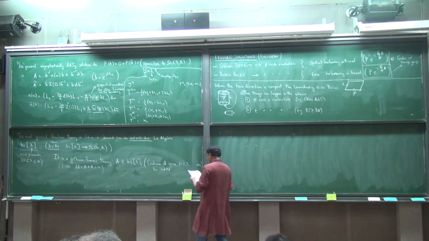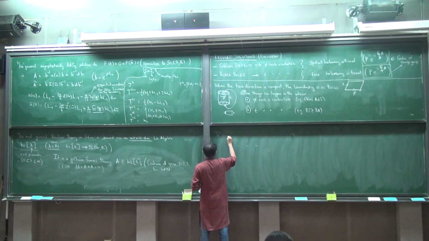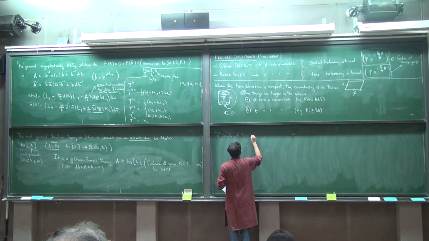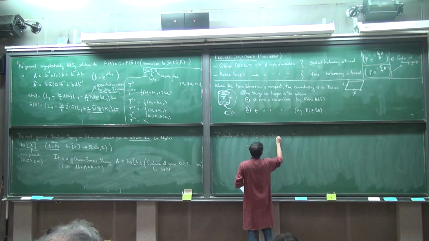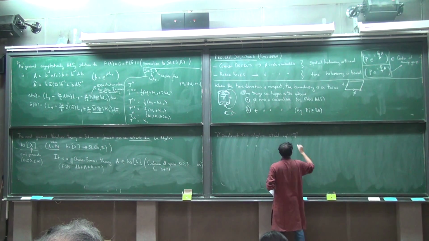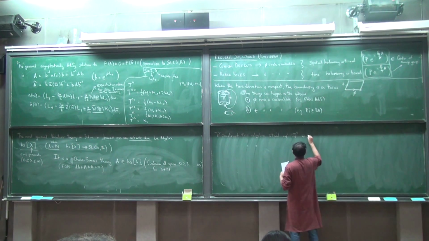So once again, to construct this algebra, we start with J_a, which belong to SL2R.